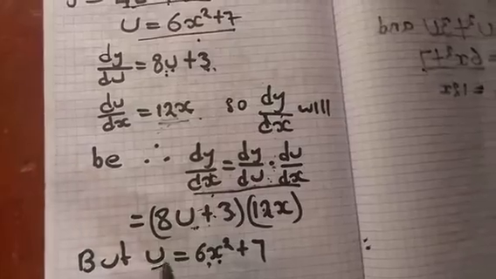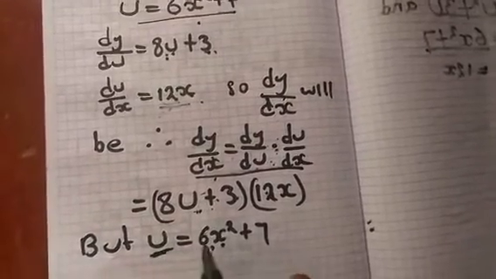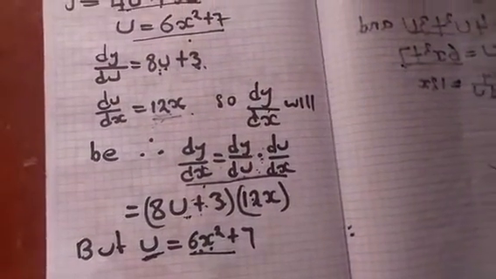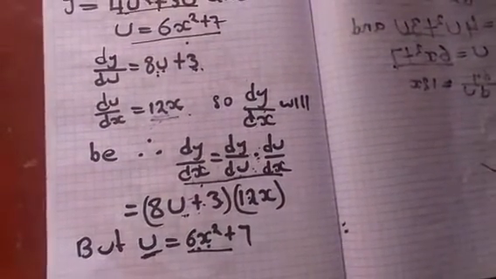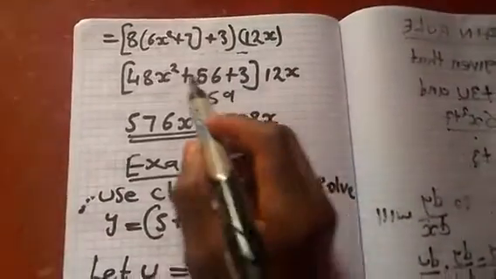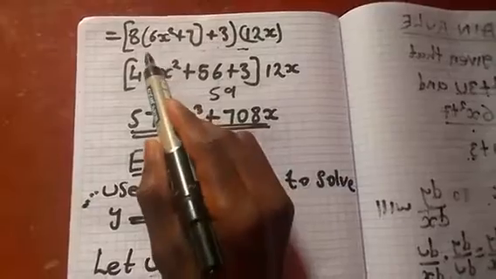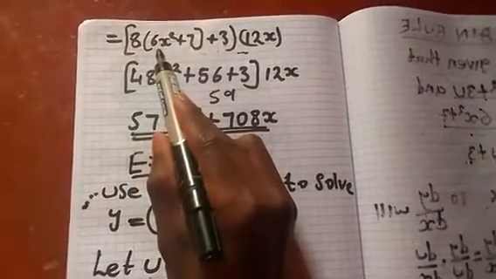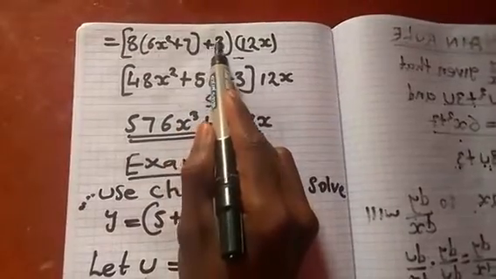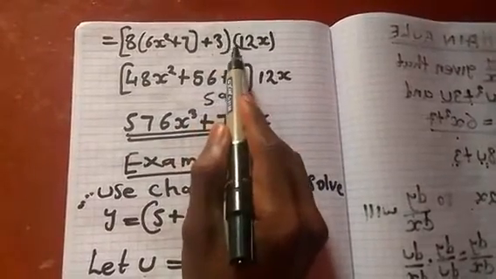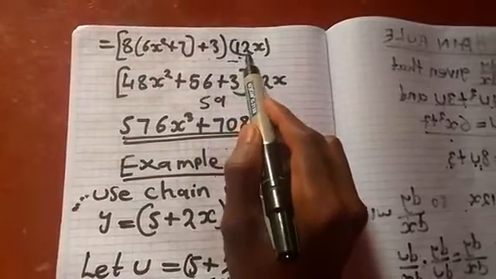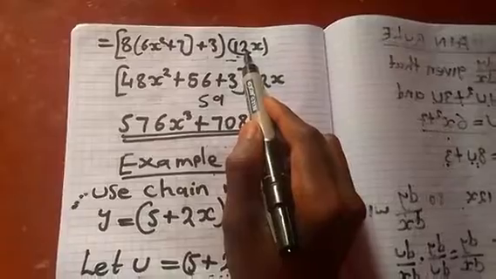But remember, our u is this one, so we want to replace where u is with that. When we replace these values, we get 8 into 6x squared plus 7, which is the value of u, plus 3 in the bracket, multiplied by du/dx, which is 12x.